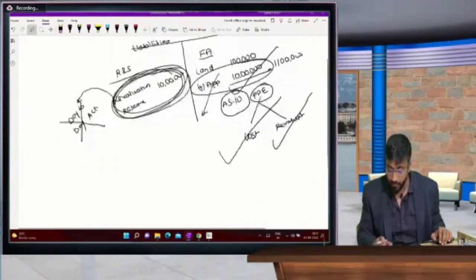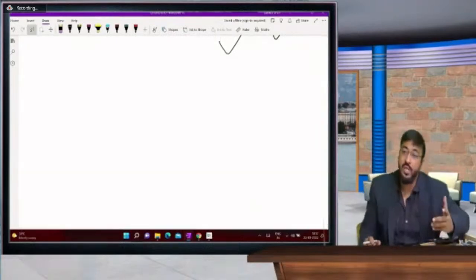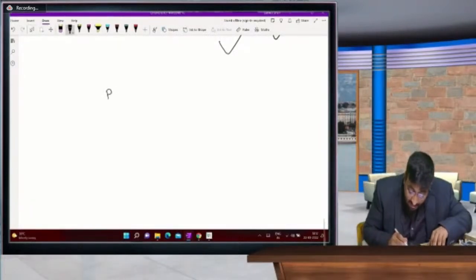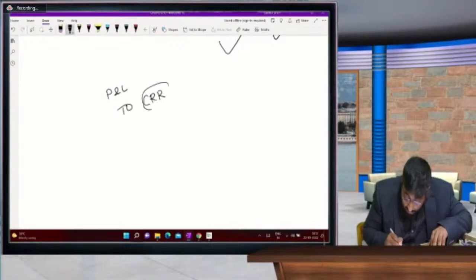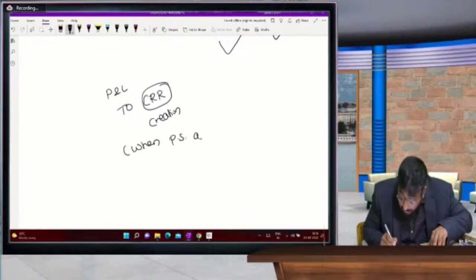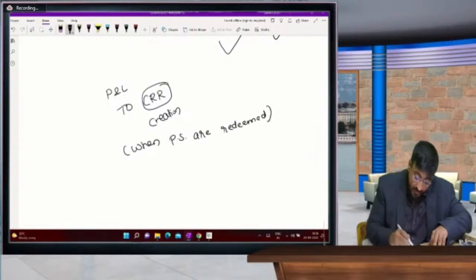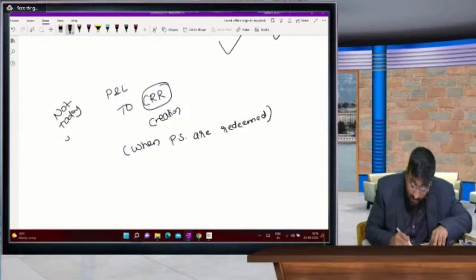Now, CRR is created. This is a creation when preference shares are redeemed. So this is not today, or even at year end.